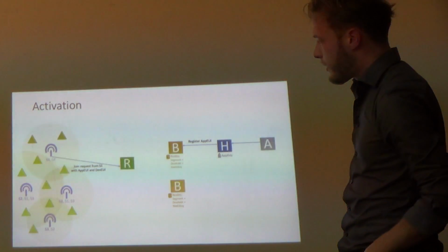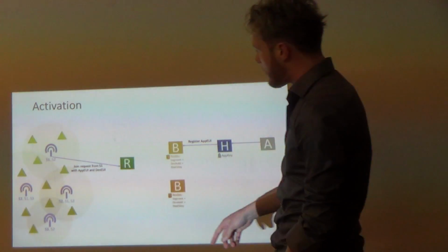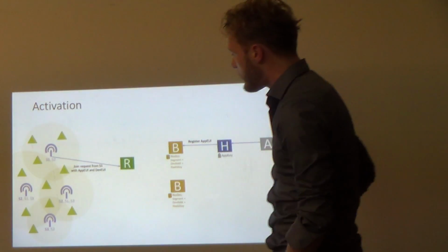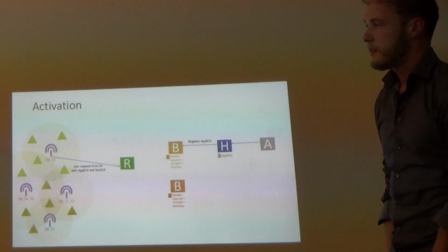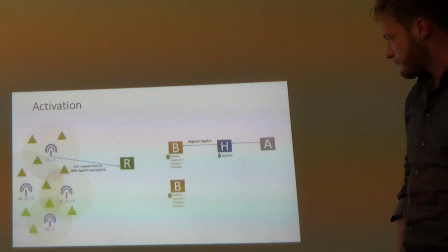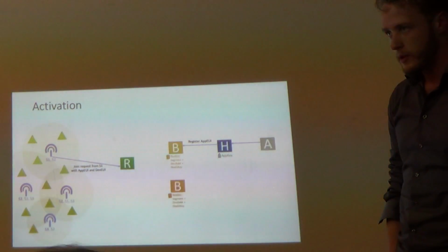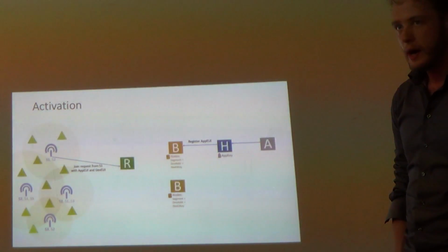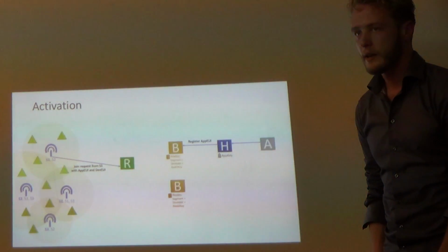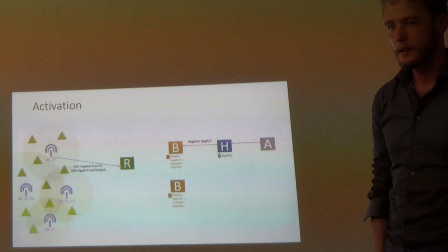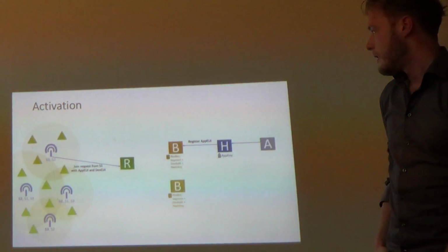Then you have a node, for example this one, which sends out a join request. It's part of the software that runs on the node. It essentially says, hey, I want to join the network. This is the app EUI that I am configured for, and this is my globally unique device EUI. That is the 8-byte one, the longer one.